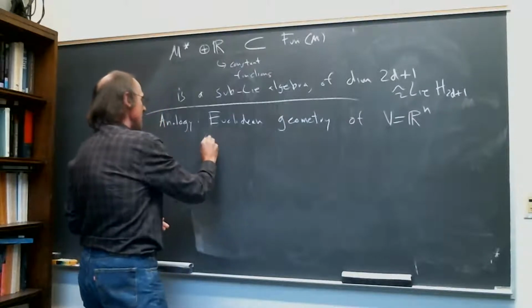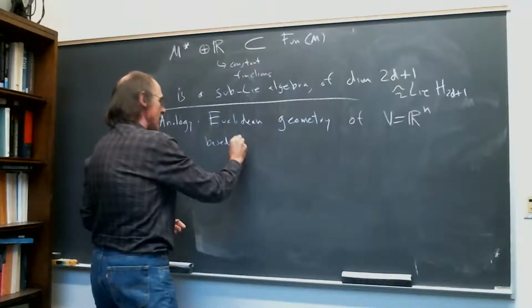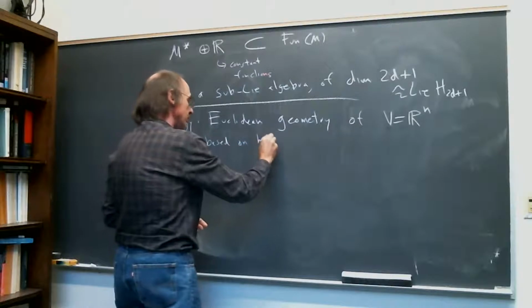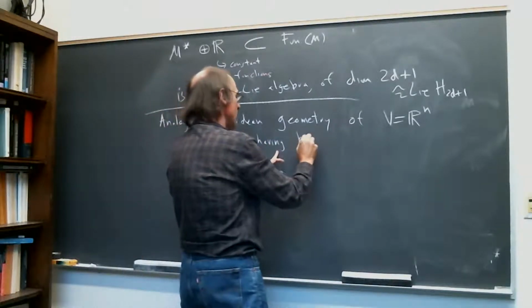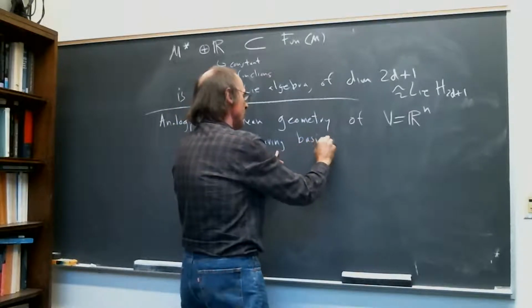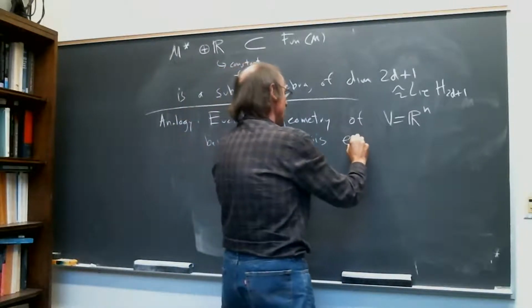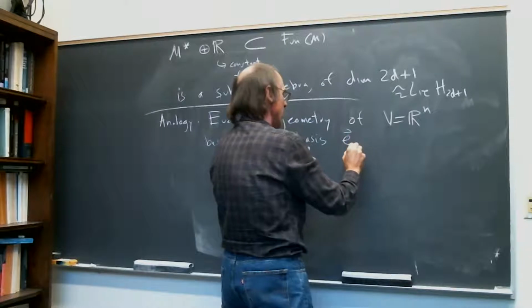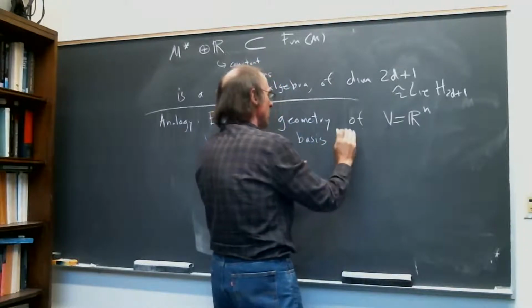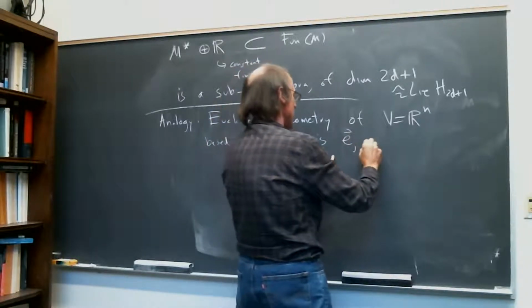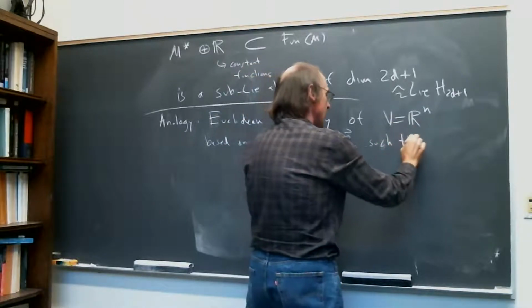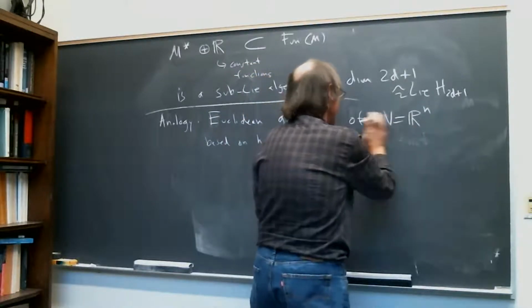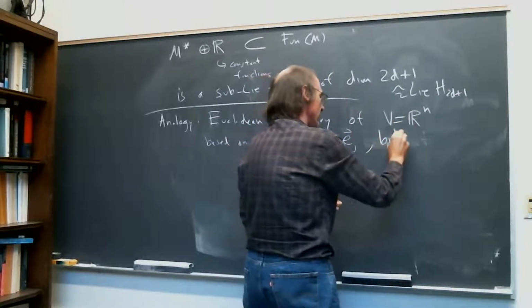This is based on having basis elements e_j such that the bilinear form of e_j and e_k is what it is.